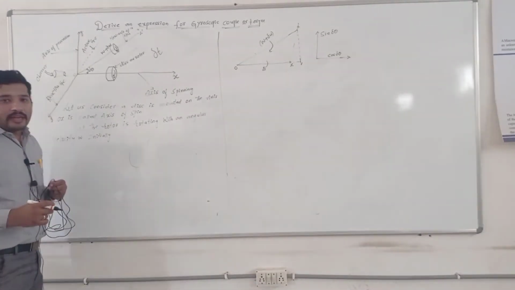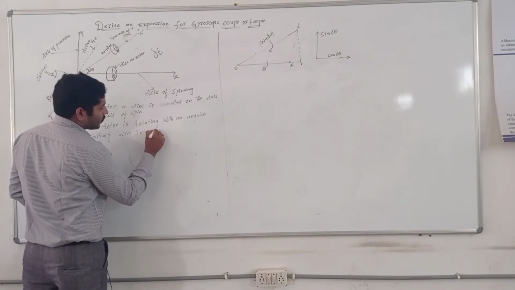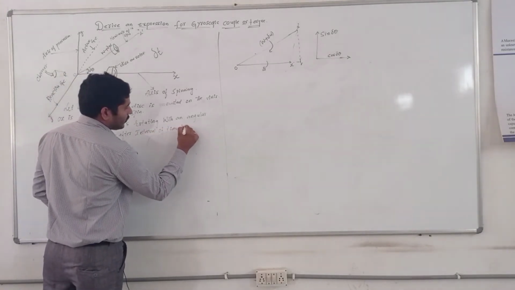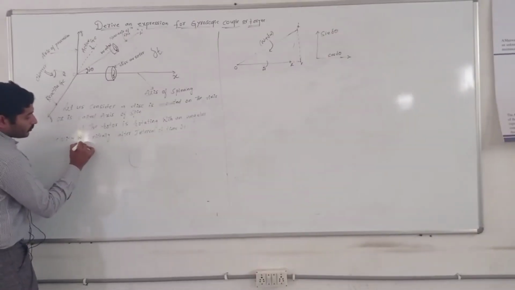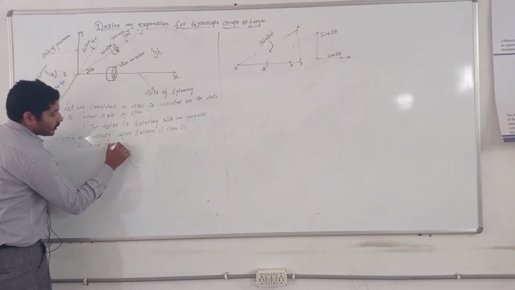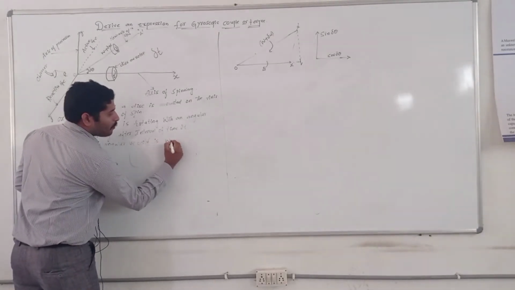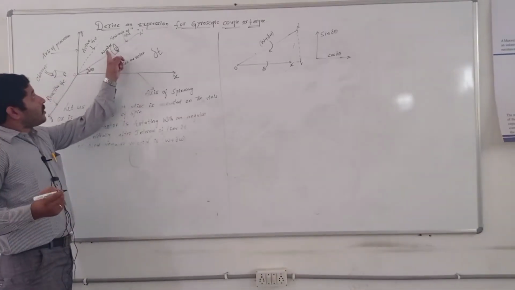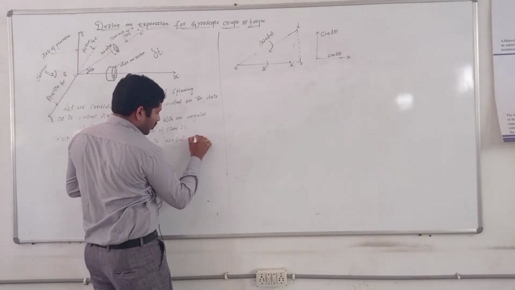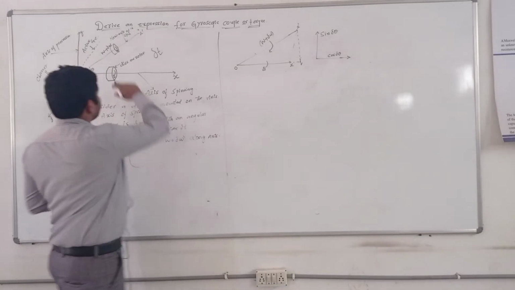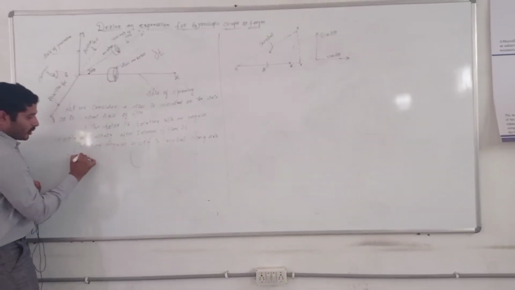After an interval of time delta t, the new angular velocity is omega plus delta omega along the axis OX dash, as shown in the figure.